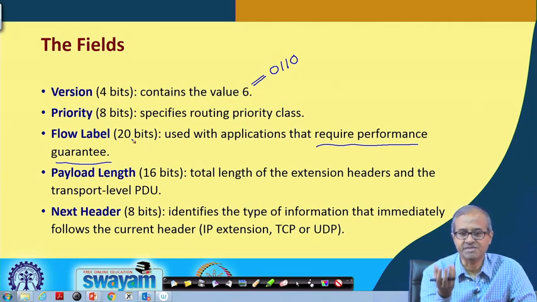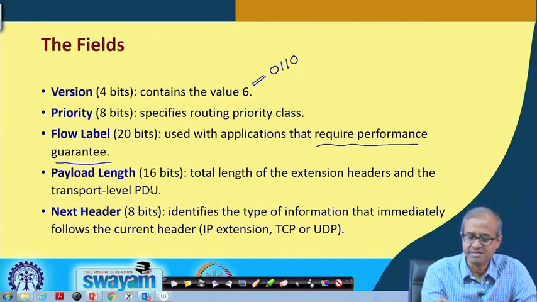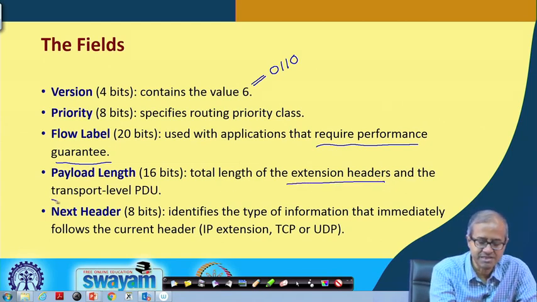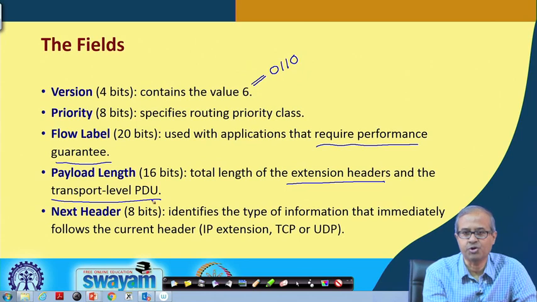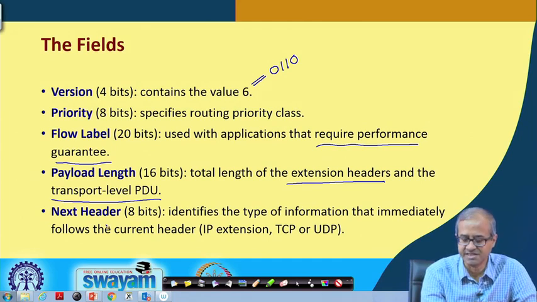This will contain some specific ID or code which will allow the packets to follow a particular path, for example, right. Payload length is the total length of the extension header plus the transport level protocol data unit, that means the data you are sending. Next header, as I said, it is a pointer to the next extension header.